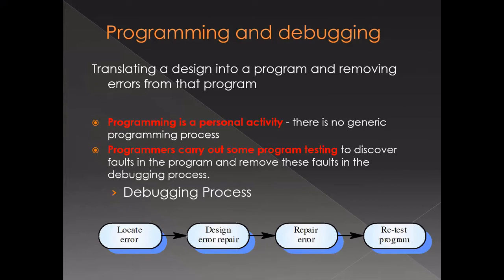So first you have to find it, then think how to do the corrections, then do the correction, then test it again. So this is the debugging process. You must have done this while you were doing your lab 3 and the mini project.